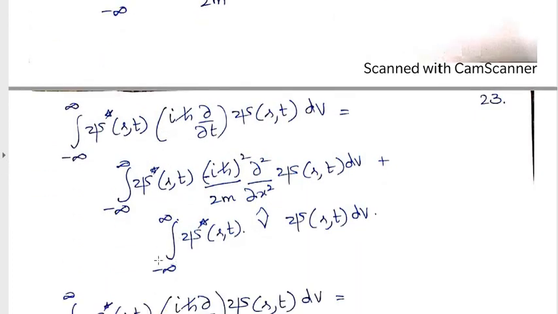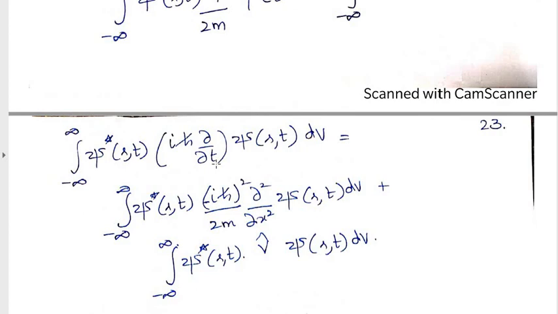So on simplification, we have substituted on the right hand side, in the first term, the operator for p square, which is nothing but i h bar whole square, that is minus i h bar square, divided by 2m into del square by del x square. We are considering this as the momentum along the x direction only.